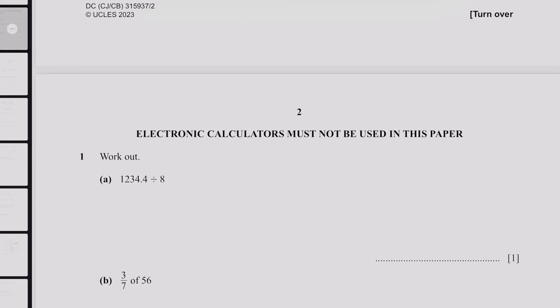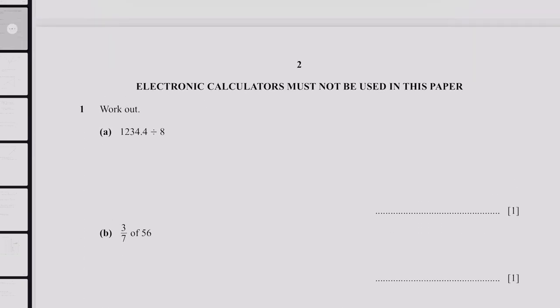So let's start. Question number 1, 1234.4 divided by 8. I can write it as 12344 over 10 multiplied by 1 over 8. Now I can divide this number by 8 first.